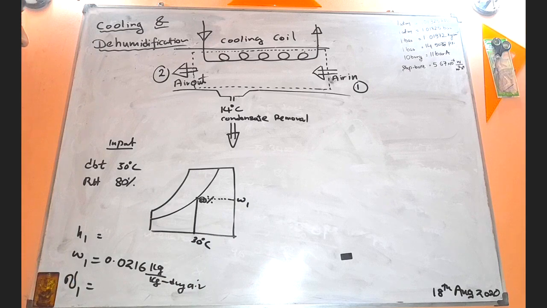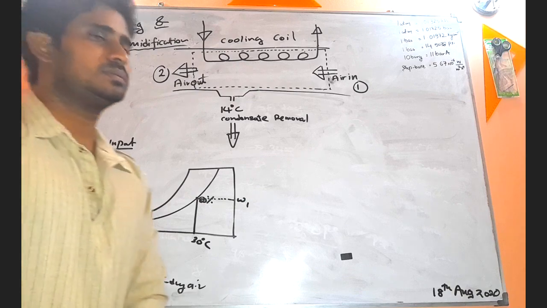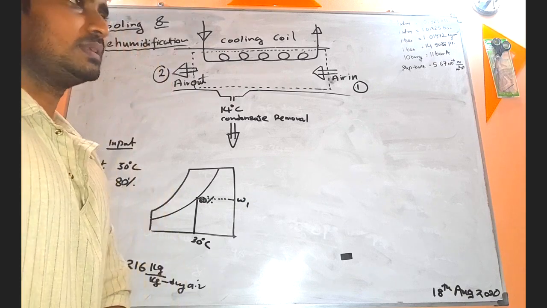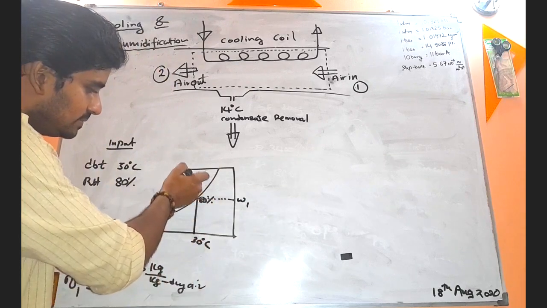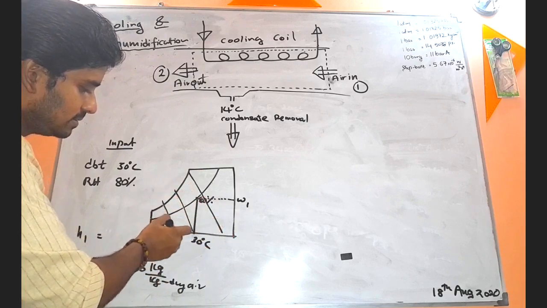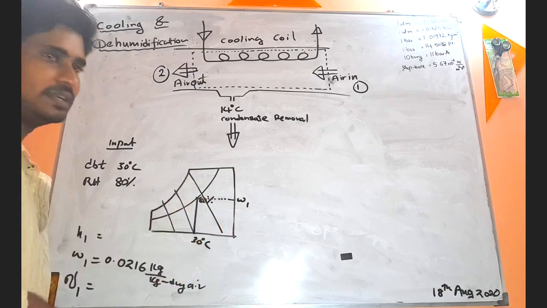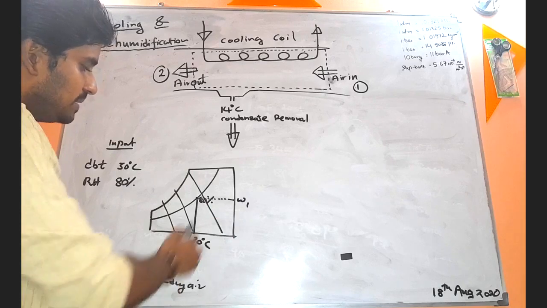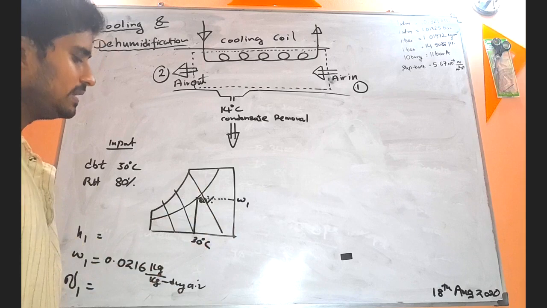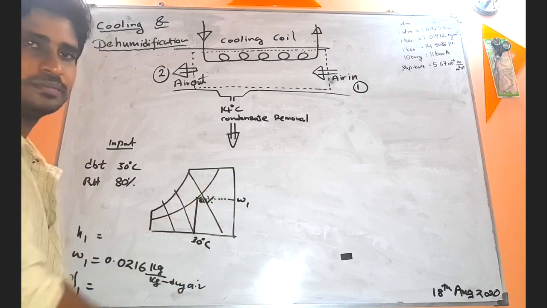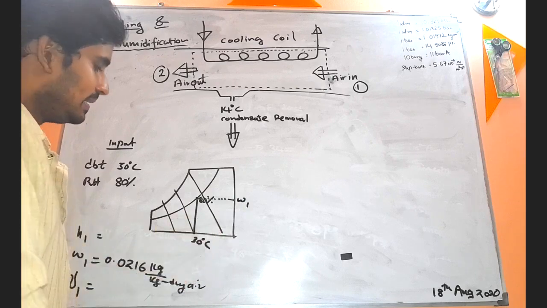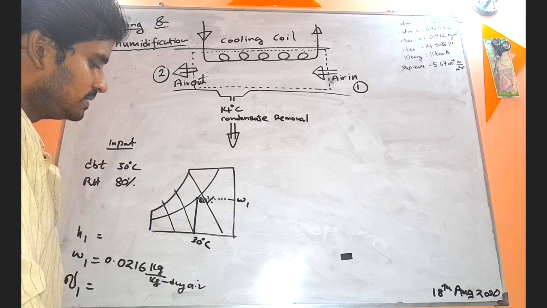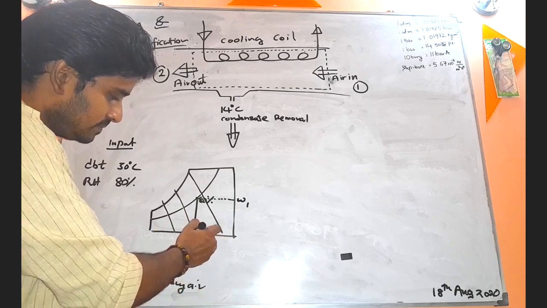And the next thing is the specific volume. There you have to be very careful. I have taught you that specific volume lines are lines like this. If you consider one specific volume line, approximately it makes an inclination with the left horizontal at an angle of about 60 to 70 degrees, somewhere like this.